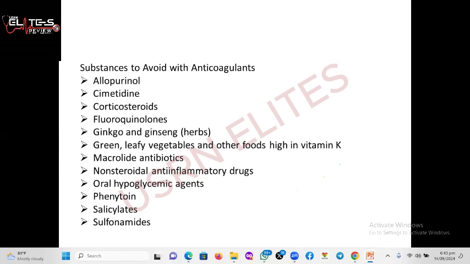But the green leafy vegetables that contain much vitamin K will matter most with people taking warfarin, because vitamin K affects the warfarin levels. If you go ahead and take much of the green leafy vegetables, it can equally affect the therapeutic effect of warfarin in the system.